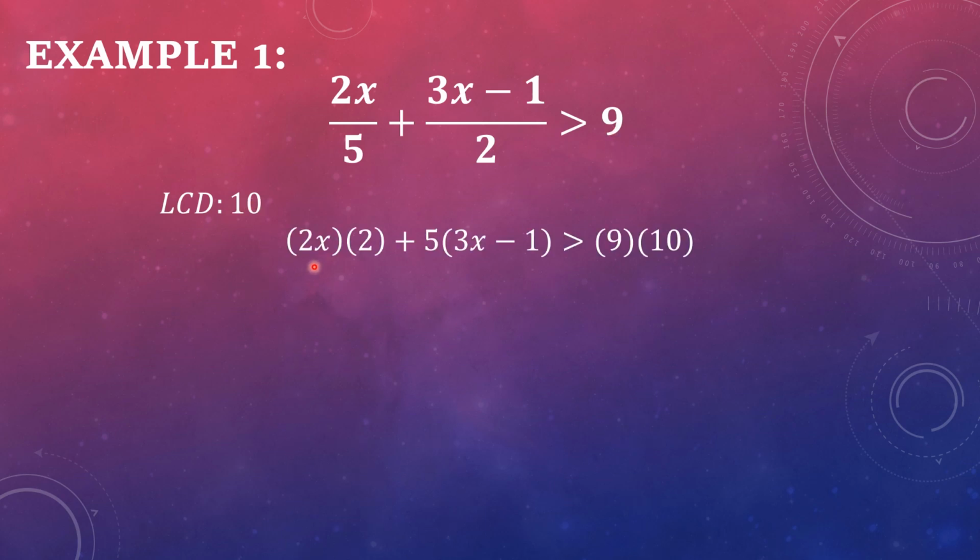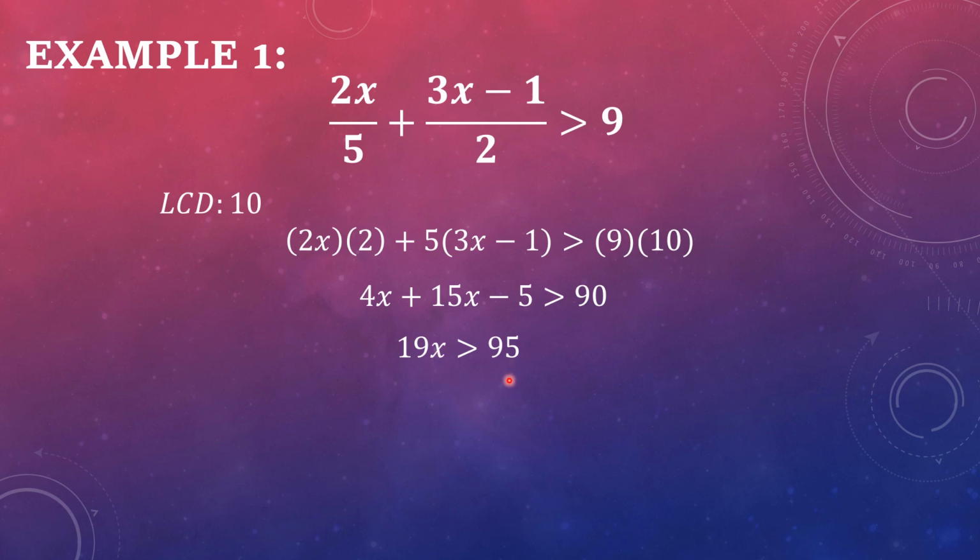So we have here 2x times 2 plus 5 quantity 3x minus 1, which is greater than 9 times 10. To simplify, we have 4x plus 15x minus 5, which is greater than 90. We combine like terms. 4x plus 15x is 19x, greater than 95.